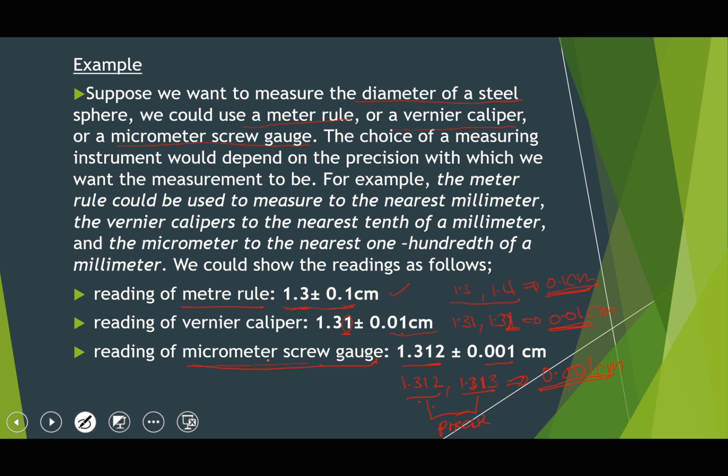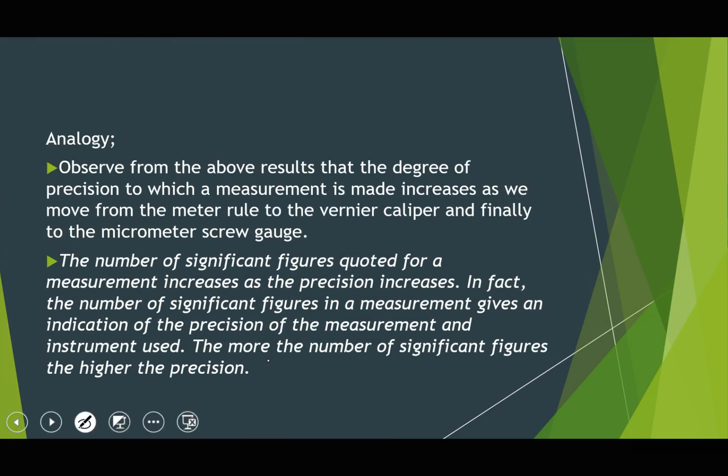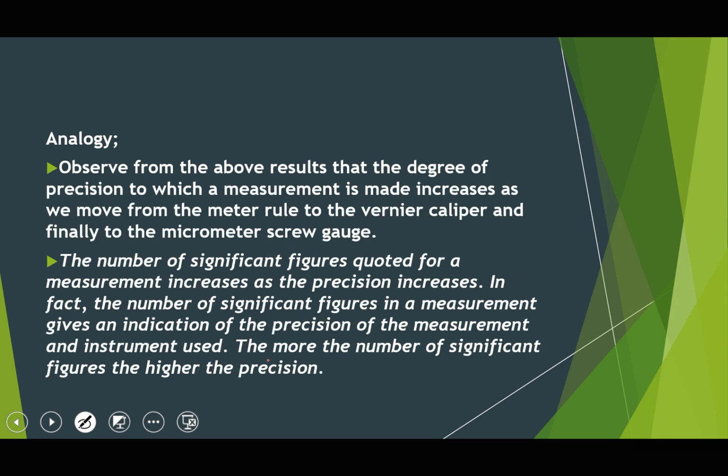And we have said the number of significant figures to which an instrument gives a reading is analogous to the precision of that instrument. So that analogy has already been seen, but let's draw a better analogy.